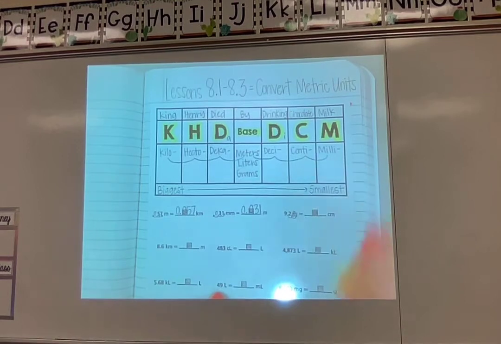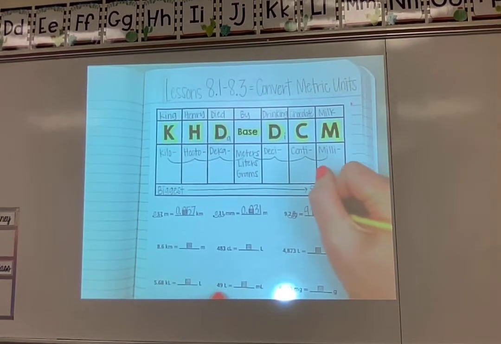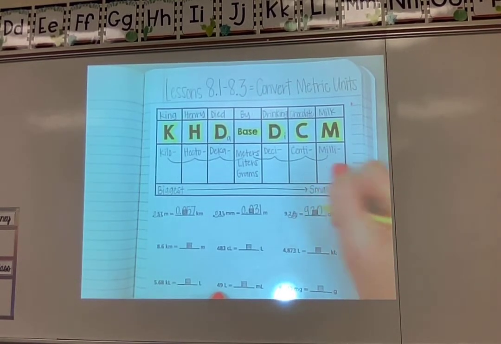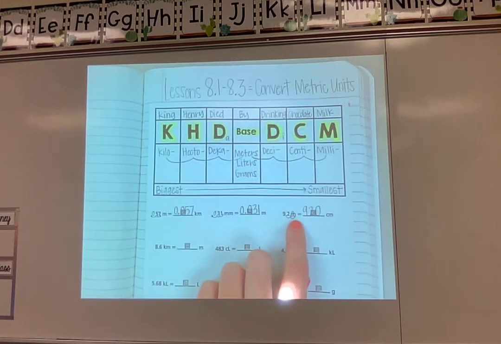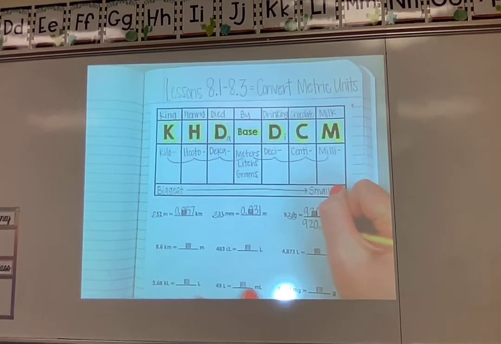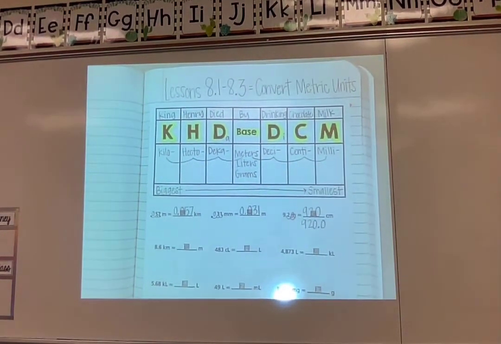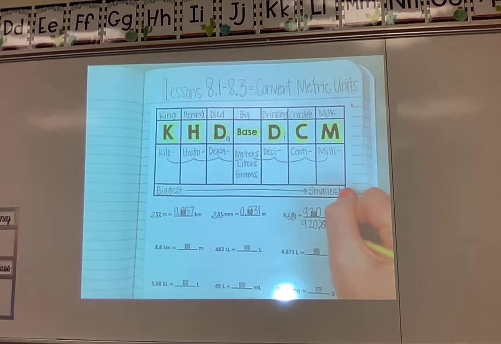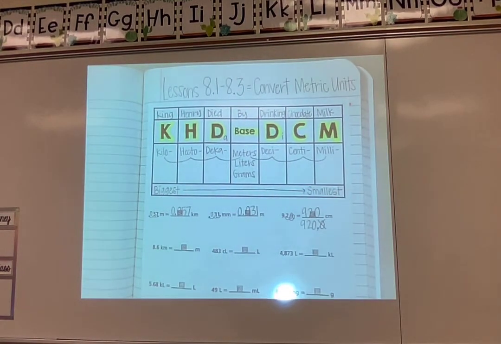Fill in my empty loop. So I have a 9, 2, 0. Now, if the decimal point is at the end, we don't need to add it because 920.0 is exactly the same. It's just like 920. So if the decimal point's at the end, I'm not even going to worry about putting it. That would be 920 centimeters.